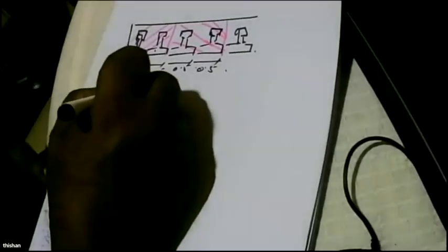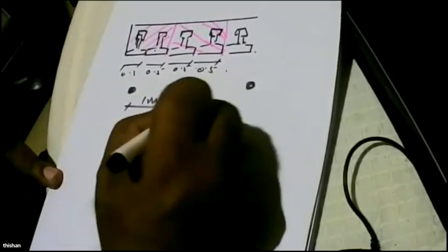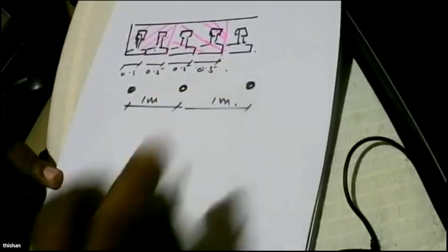So we place the grillage beams at the center, at 1 meter.